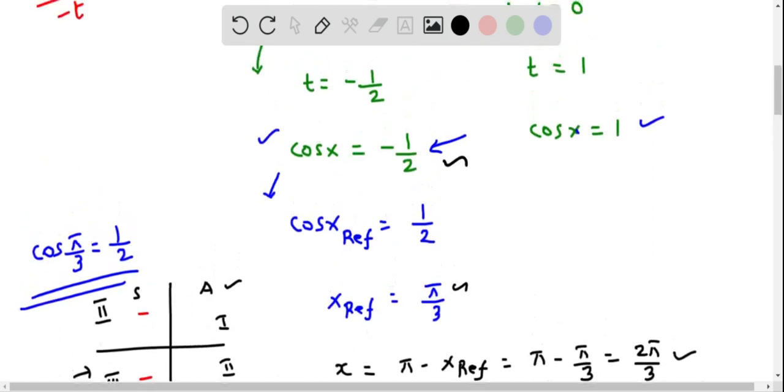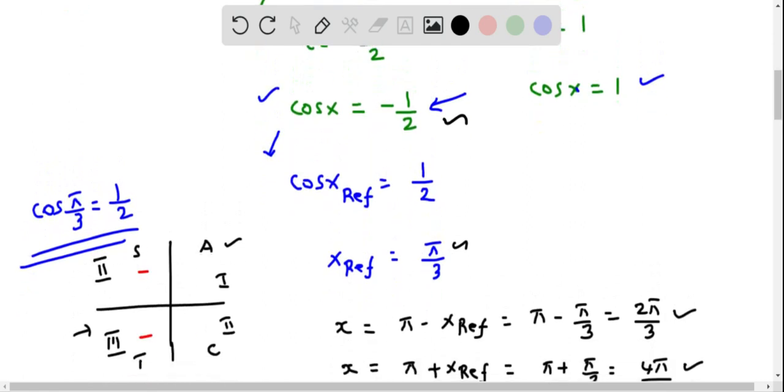Now, in the same way, we can determine the value of x when cos x equals 1. We know that cos x is 1 when x equals 0, because cos 0 equals 1.